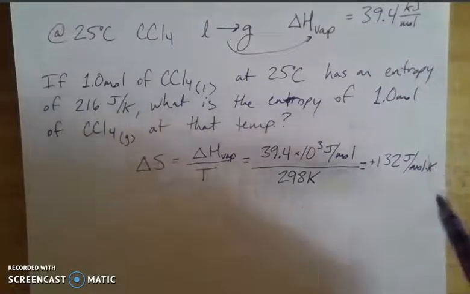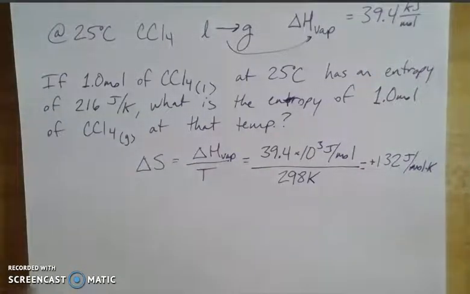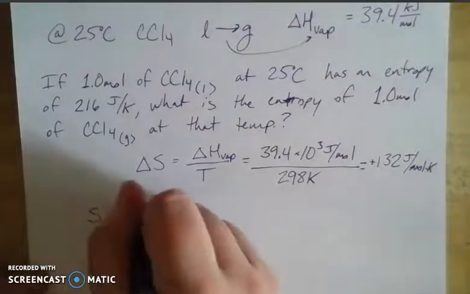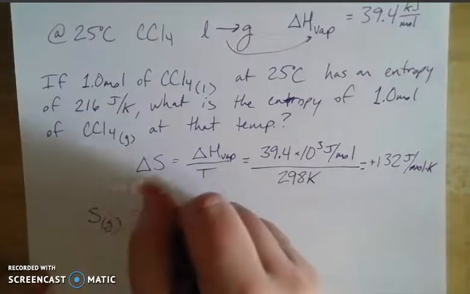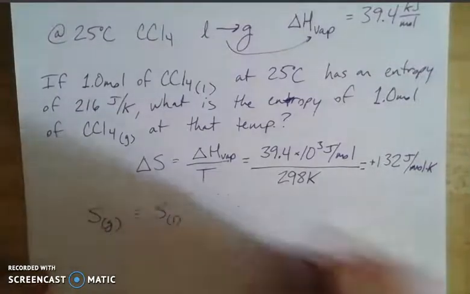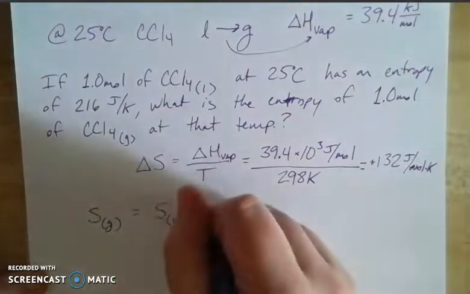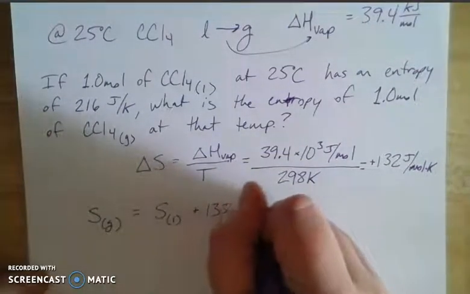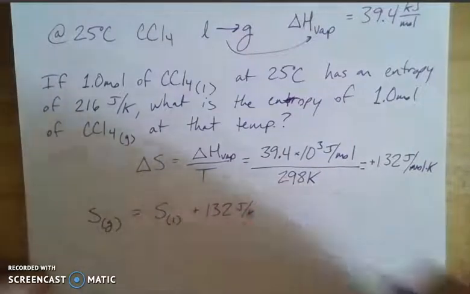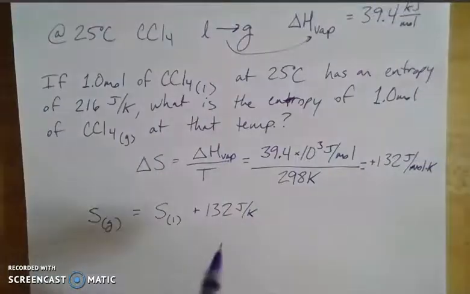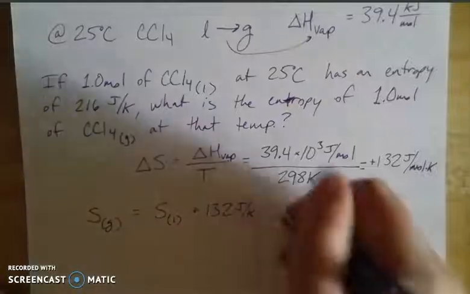And if this is my positive change in entropy, then to get the entropy for my gas phase, that's going to have to be equal to the entropy of my liquid phase plus this change. Or if it was negative, then it would be minus that change. But we would expect it to be a greater quantity. We expect it to be positive because we're getting to a more disordered phase.